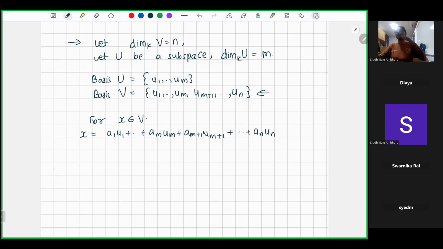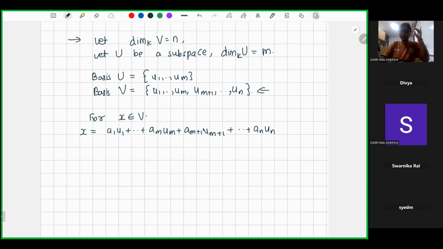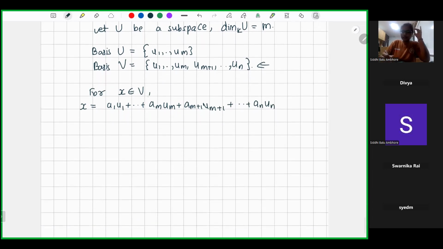This is so far just the basis property of this set, and x is some element of V. Since we have this extension of a basis, these a1 to am and bm plus 1 to bn are coefficients in K.